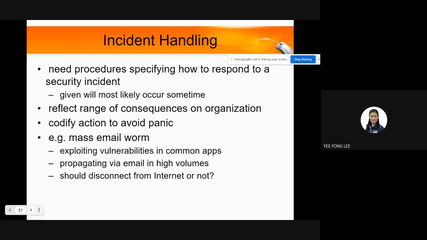So a good incident response policy here should indicate the actions to take, okay, the action to take for their, let me rephrase my sentence, yeah, let me rephrase, sorry, give me 1 minute.